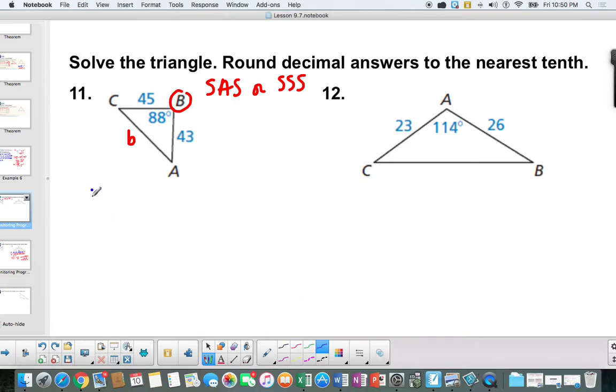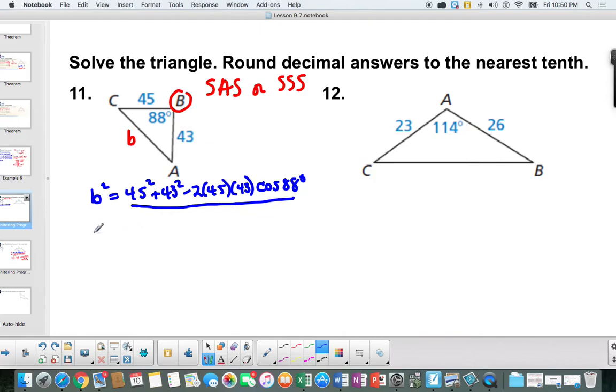I'm going to write B squared equals the two sides, 45 squared plus 43 squared minus 2 times the 45 times the 43 times the cosine of 88 degrees. And you actually can just find all of this if you want, and then once you get it, you take the square root. It really doesn't matter how you get it.